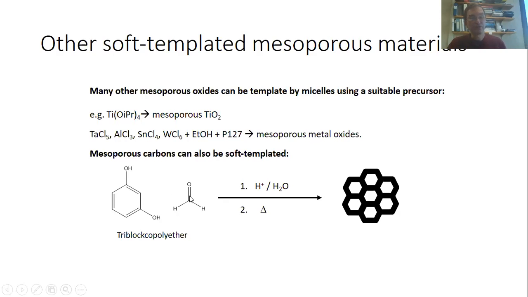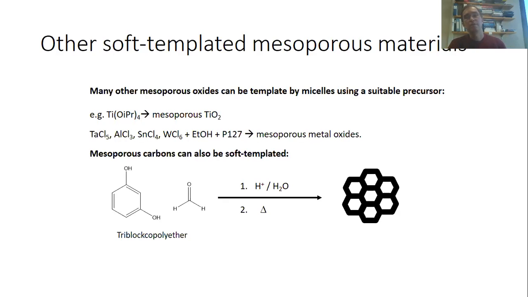So they preferentially go into the hydrophilic shell of the micelles, where they can react and form a formaldehyde resin, which is three-dimensional. It also has sufficient rigidity to survive the template removal process, upon which it then carbonizes.